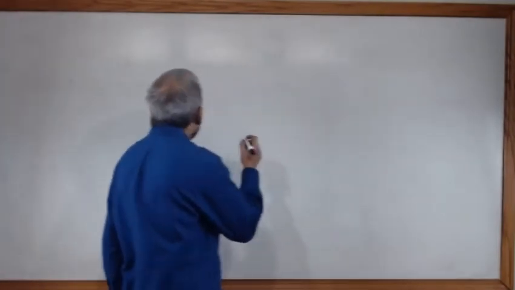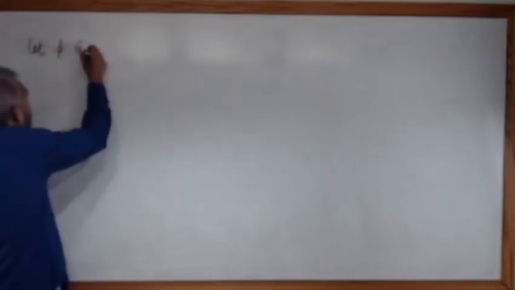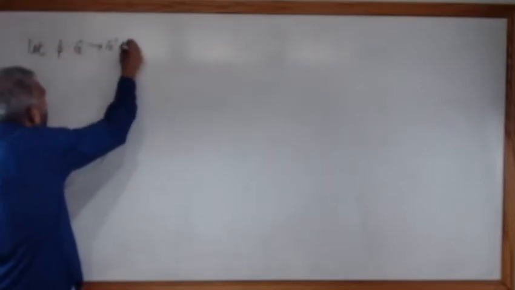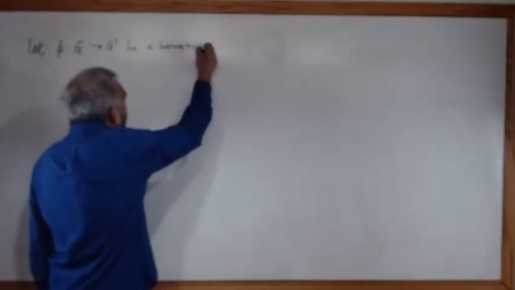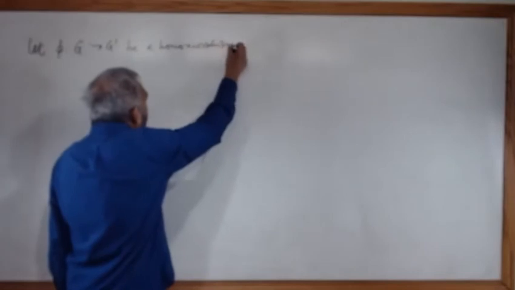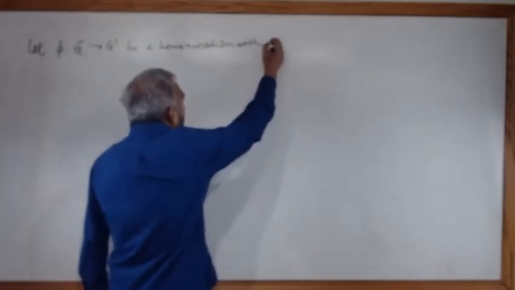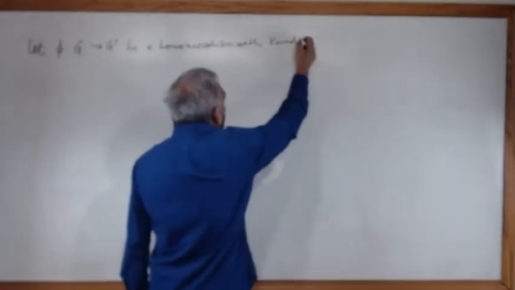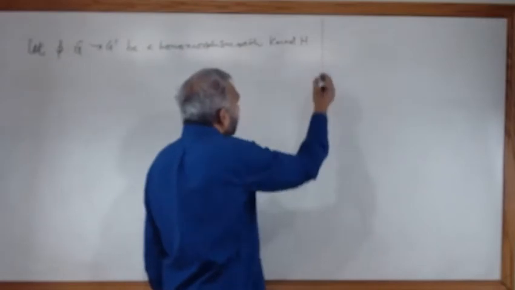So let phi be a homomorphism from G to G prime with kernel H. I'm going to write an example here.